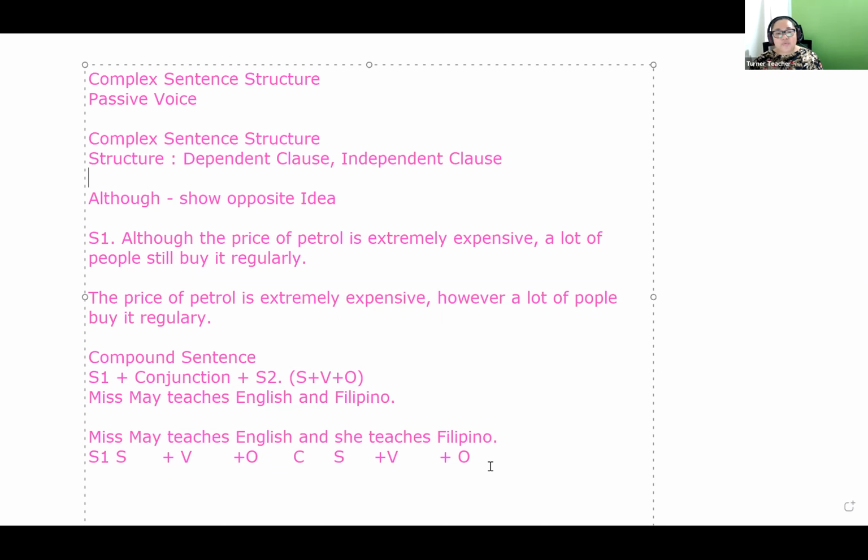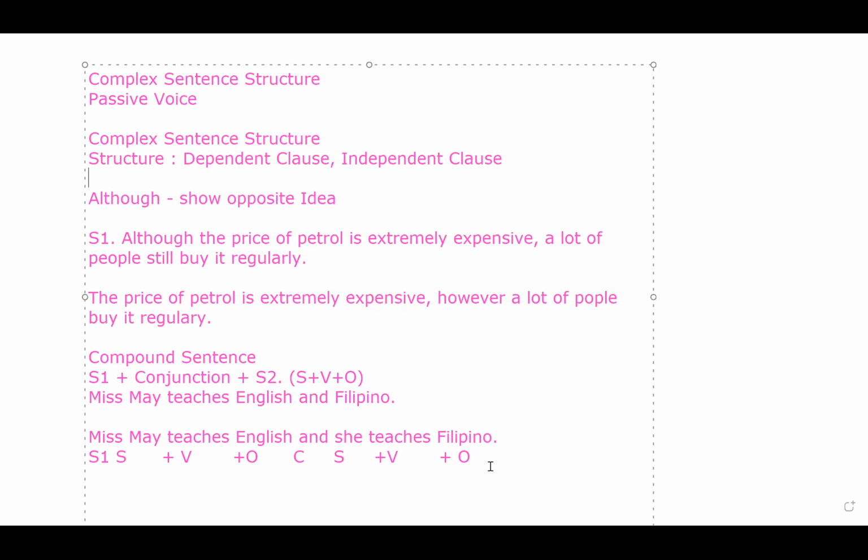So are we clear so far? If the price of petrol is extremely expensive, although a lot of people still buy it regularly, is this compound or complex? It doesn't make sense. It's compound.